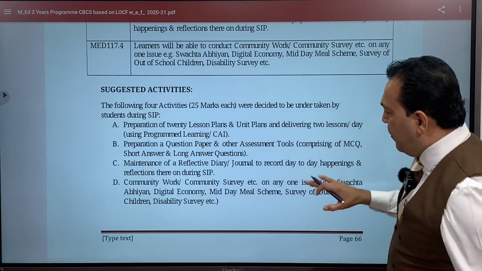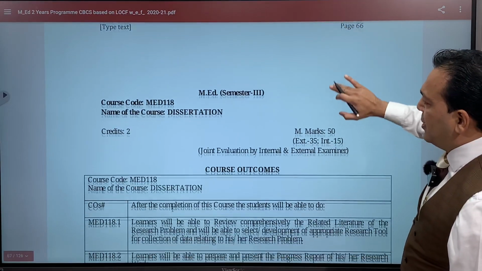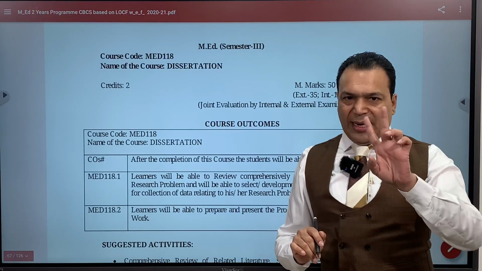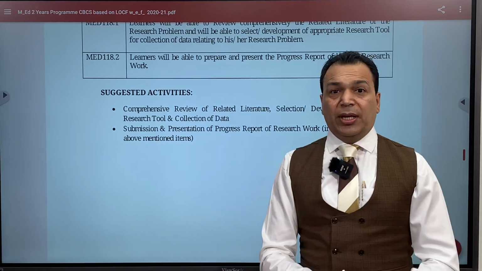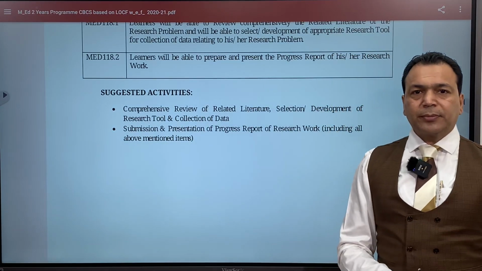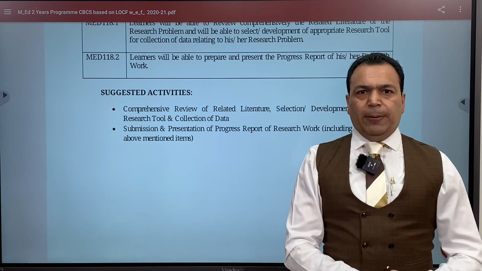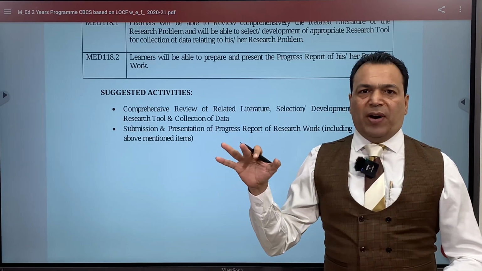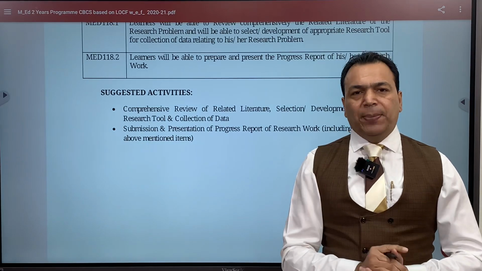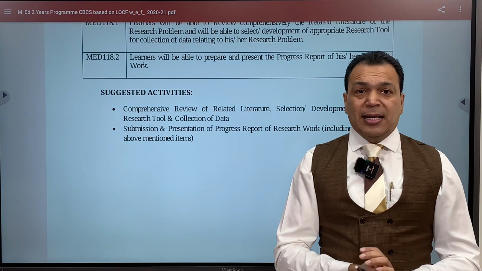Second practical is the dissertation. What are the contents of the dissertation? Now see, this is important. I would even say this is the most important compared to the other two files, internship and academic writing.